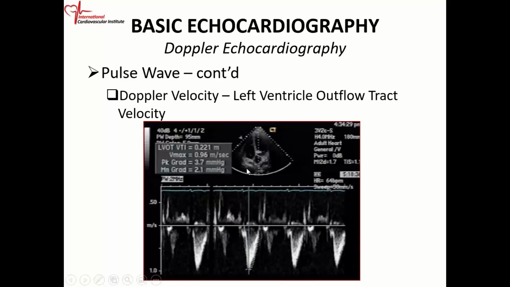And the reason why the flow is below the baseline, you have a flow moving from the left ventricle across the left ventricular outflow tract and into the aorta. It's moving away from the transducer. Hence, it's below the baseline. And it's a systolic flow because it occurs from the onset of the QRS to the end of the T wave. It's a systolic flow, okay, below the baseline, LVOT flow.